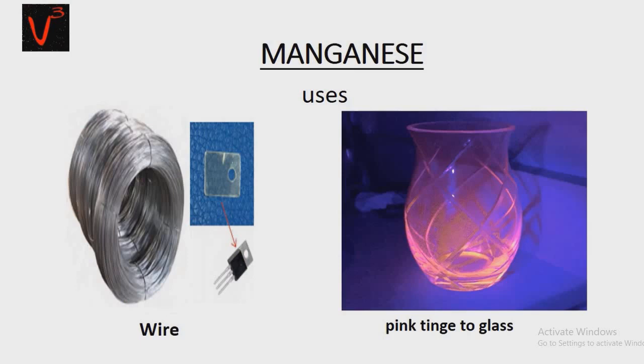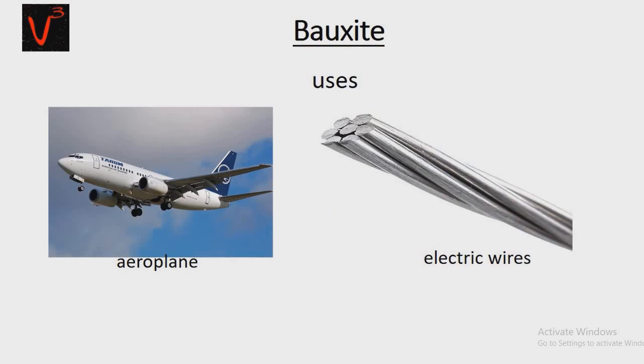Manganese. Manganese occurs in the form of its carbonate, silicate and oxide. Compounds of manganese are used in the preparation of medicines and for giving a pink tinge to glasses. Manganese is used in electrical appliances. Bauxite is the most important ore of aluminium.